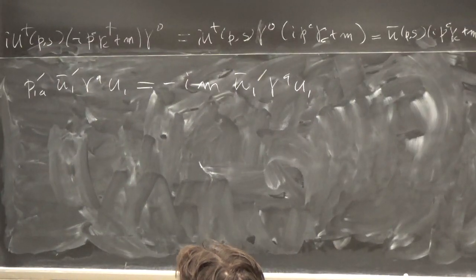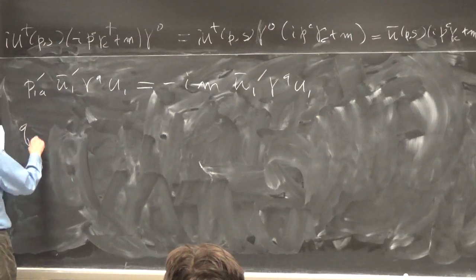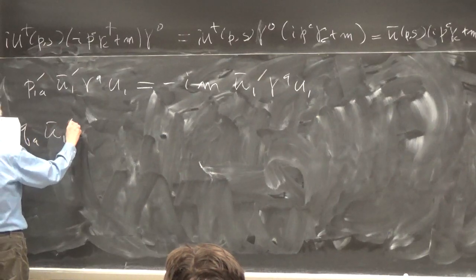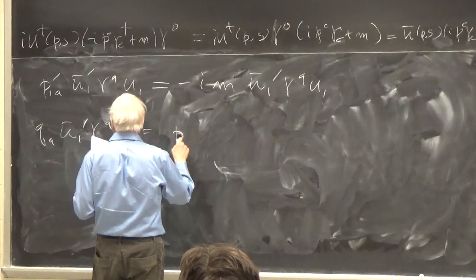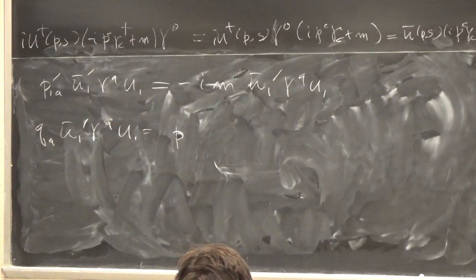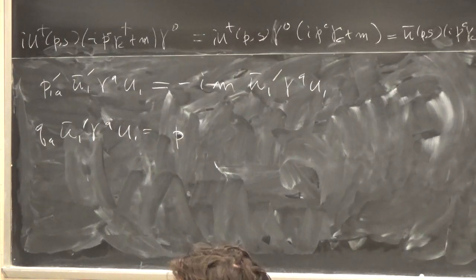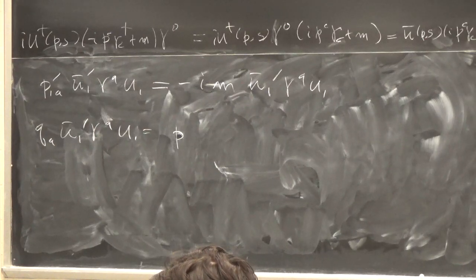And so now if we subtract one of these from the other, what we get is q_a u bar 1 prime gamma a u1, which is, let me just get this right, q is p1 minus p1 prime, right? Yeah.